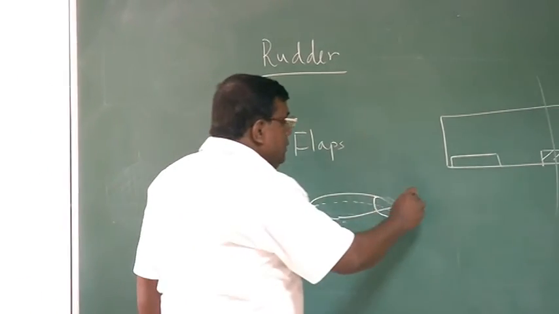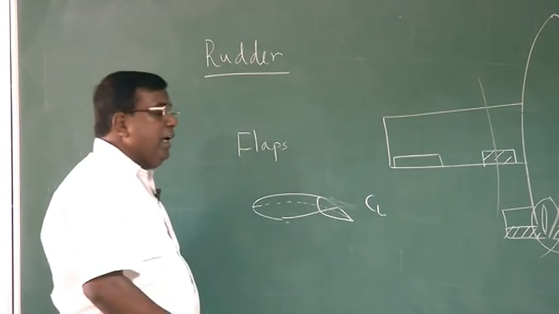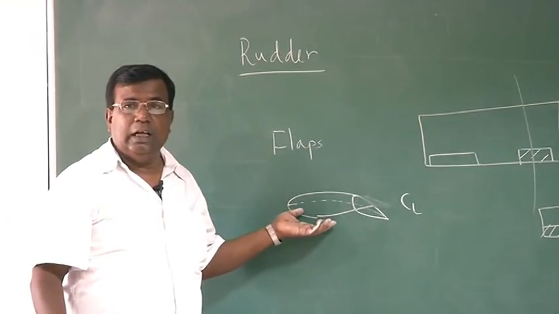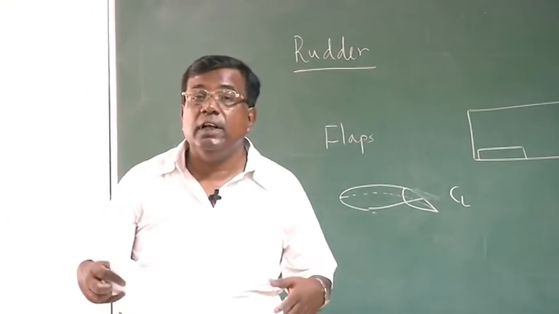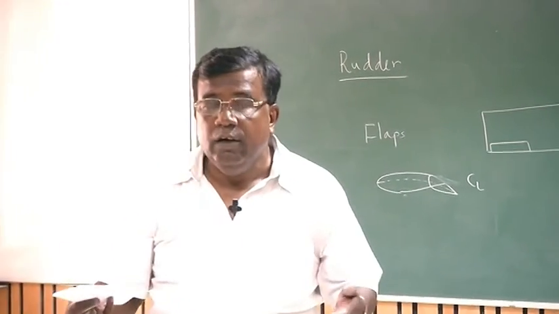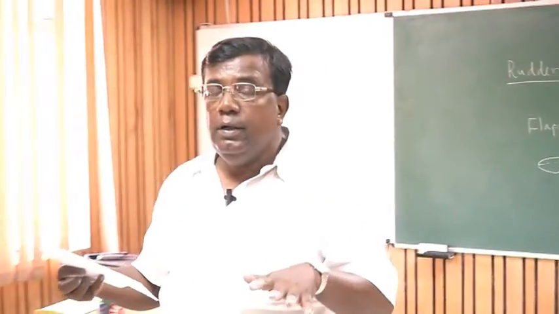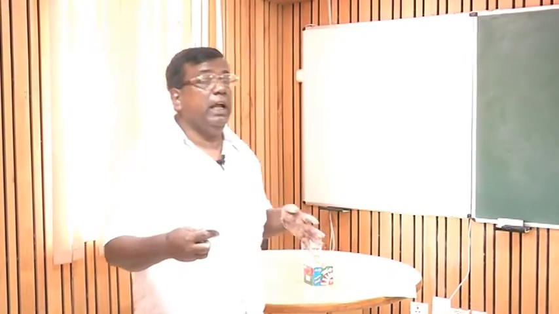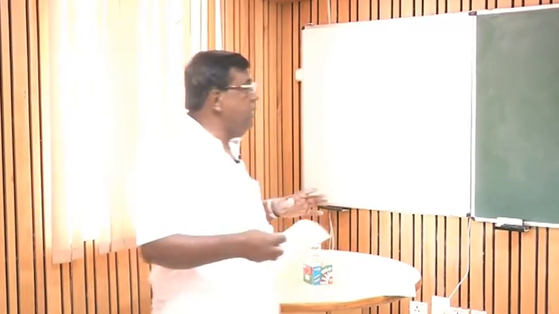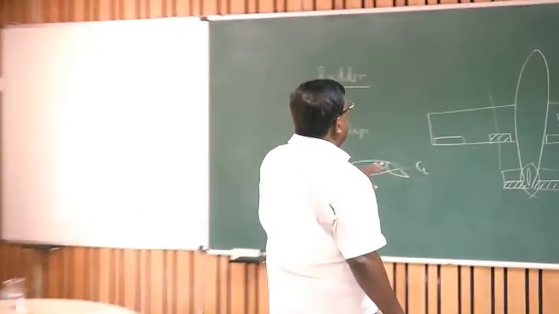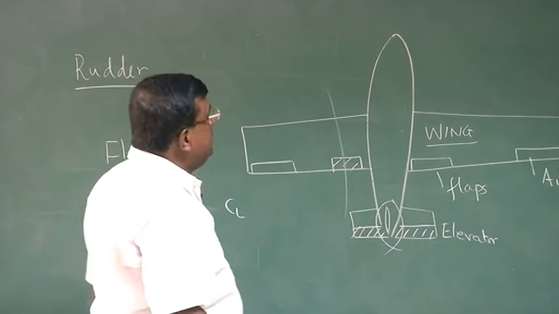So the CL for a given angle of attack will increase. So this is the way to increase CL max. We will see, when we talk about landing and takeoff, how to increase CL max so that I can take off at a lower speed. So this is the role of this flap.